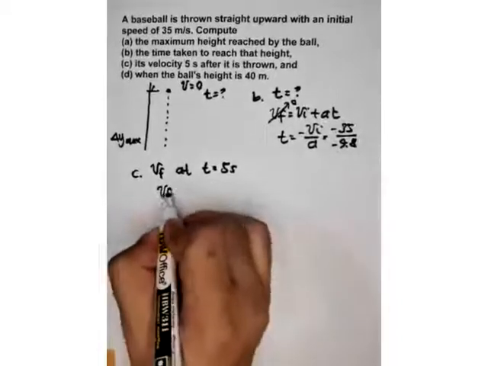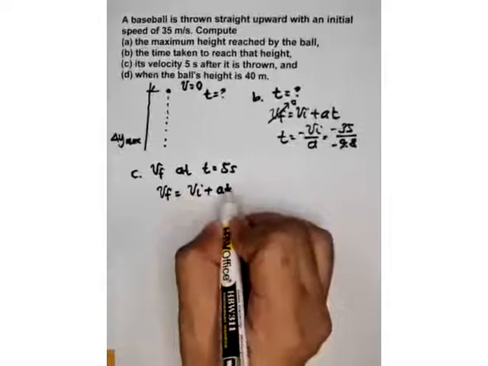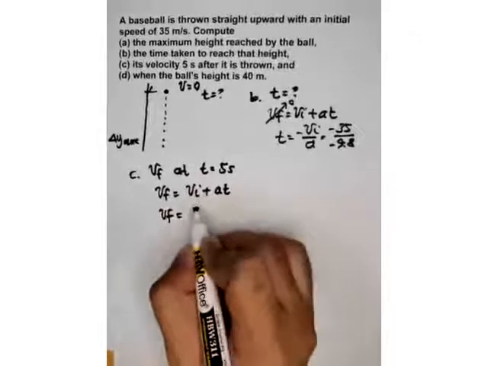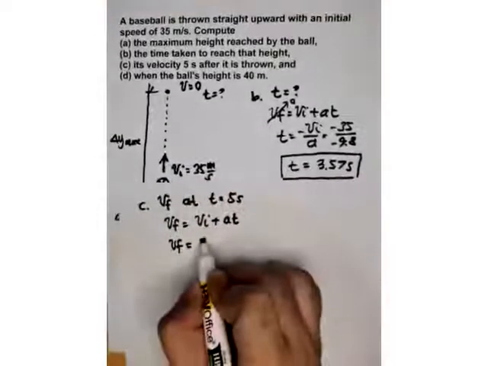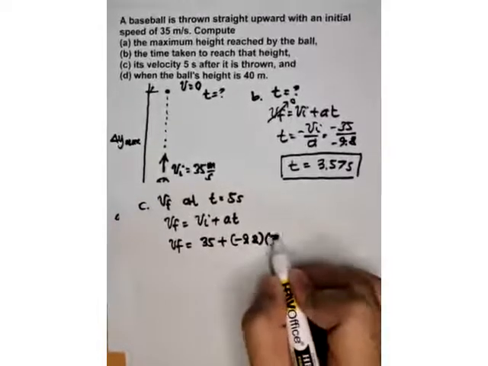So V final is equal to V initial plus AT. So V final is equal to, what's our initial? 35 plus negative 9.8 times 5.